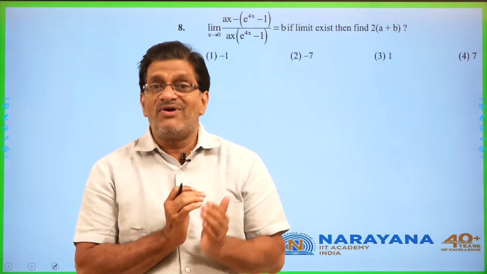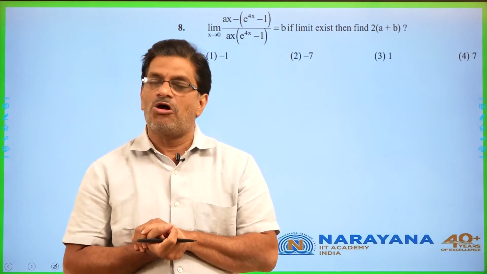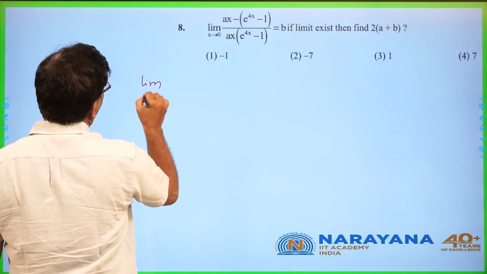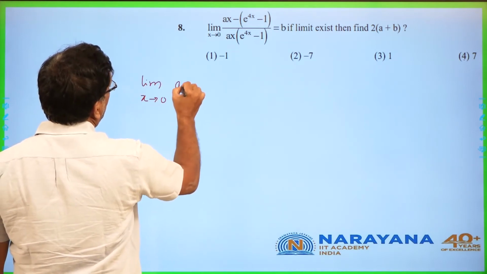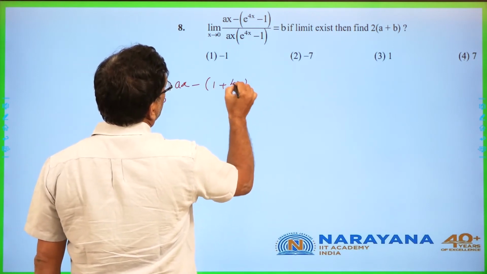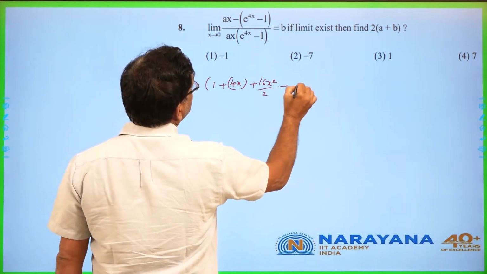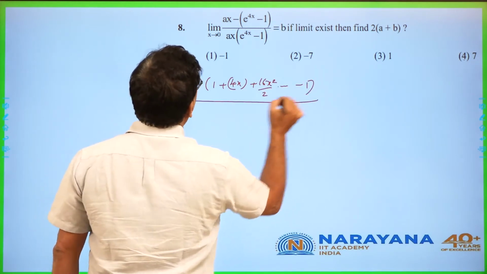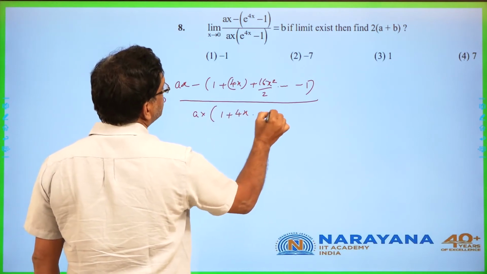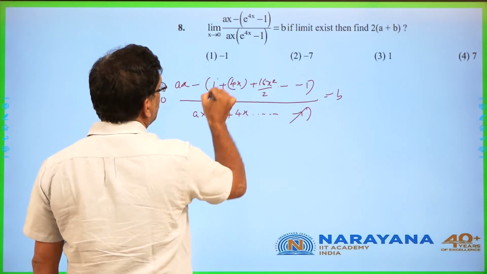L'Hopital's rule has a disadvantage: when the denominator's power is 2 or more, the calculations take a lot of time. Please observe. Limit x tends to 0, (a^x - 1 + 4x + 16x^2/2 + so on) by (a^x - 1 + 4x + so on) equals so and so.